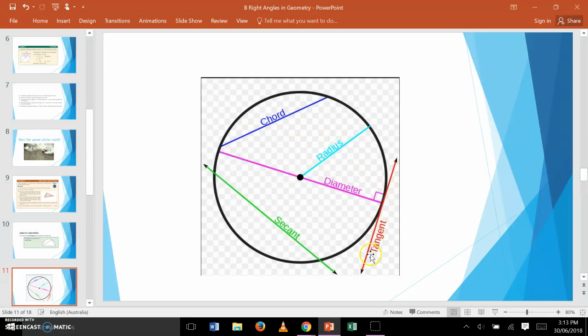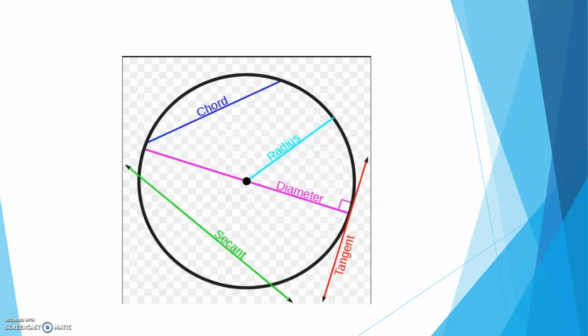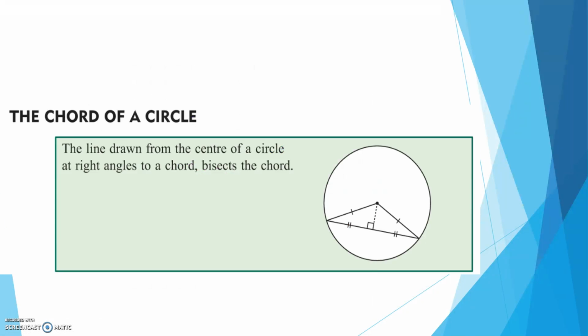And the other line that's sitting on the outside of the circle is the tangent. I'm just going to go to the larger screen. Makes things a bit easier to see. So the chord of a circle, if we take the line drawn from the center of a circle as far as the chord, it actually bisects it in half, but it also gives us a right angle down the bottom near the chord.